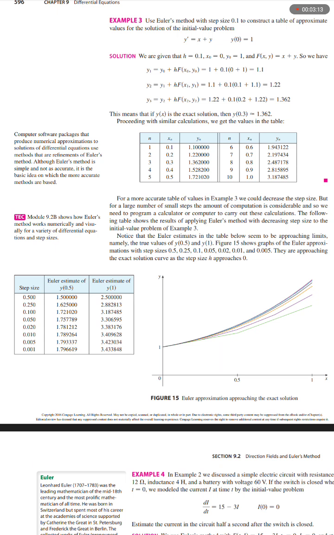For a more accurate table of values in example 3, we could decrease the step size, but for a large number of small steps, the amount of computation is considerable, and so we need to program a calculator or computer to carry out these calculations.